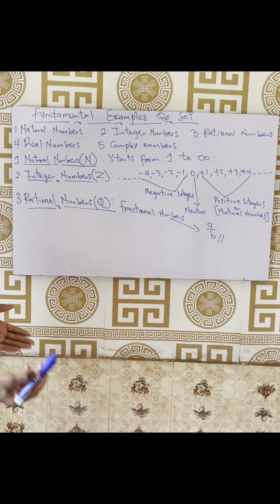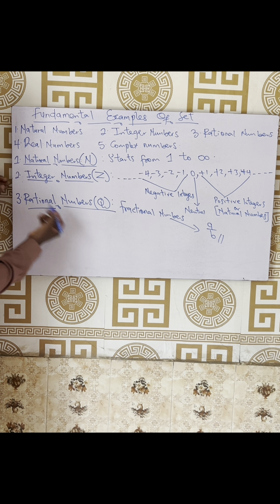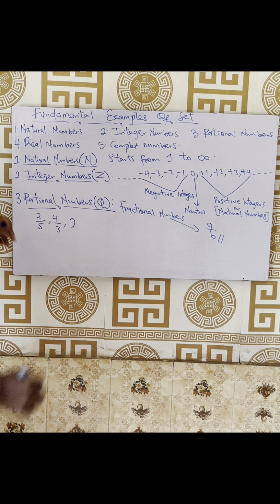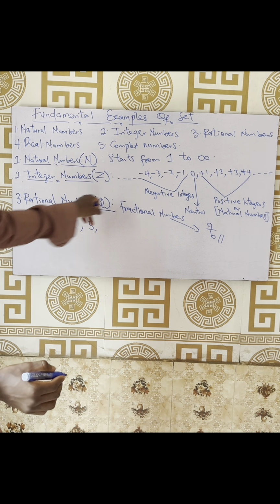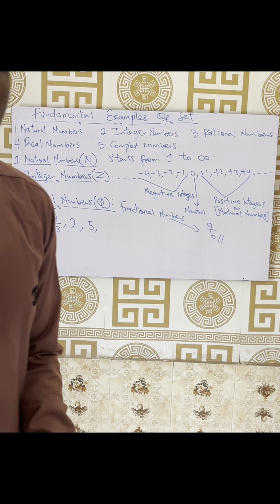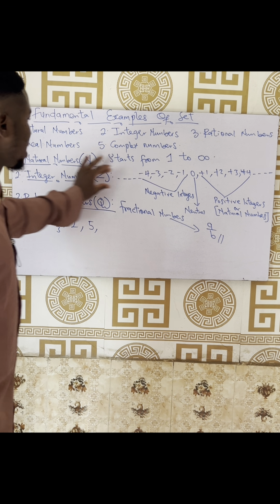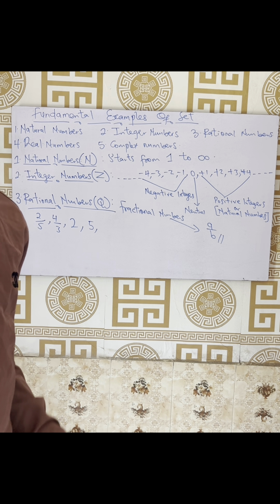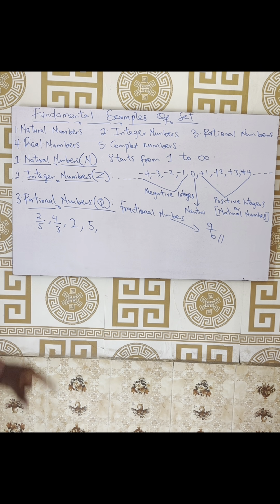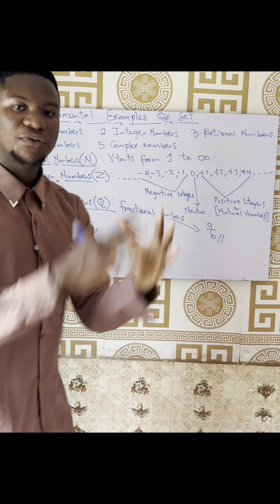So what are the examples of rational numbers? The examples of rational numbers include, let's say, 2 over 5, 4 over 3, 2, 5. The reason why 2 and 5 can also be rational numbers is because all the integer numbers that we have here, we can always write them in fractional form.